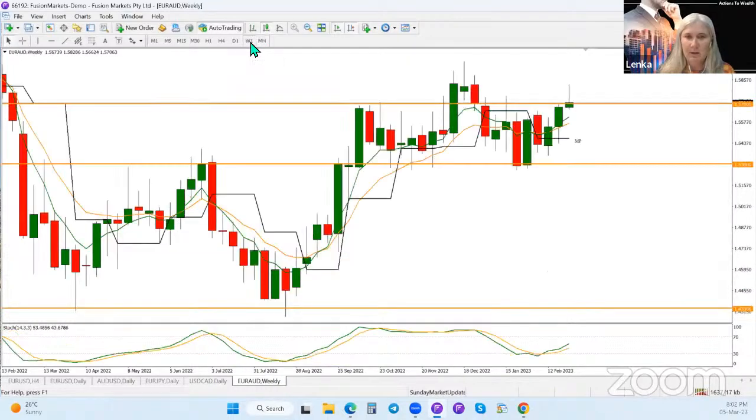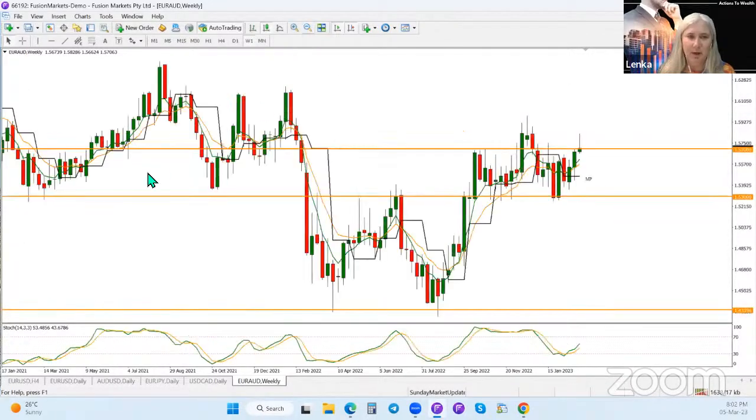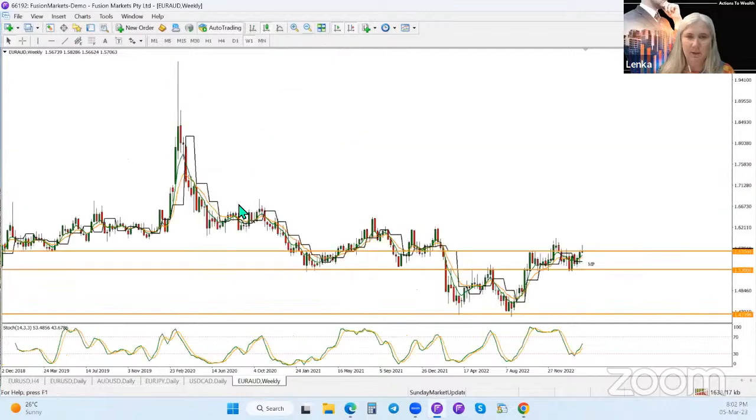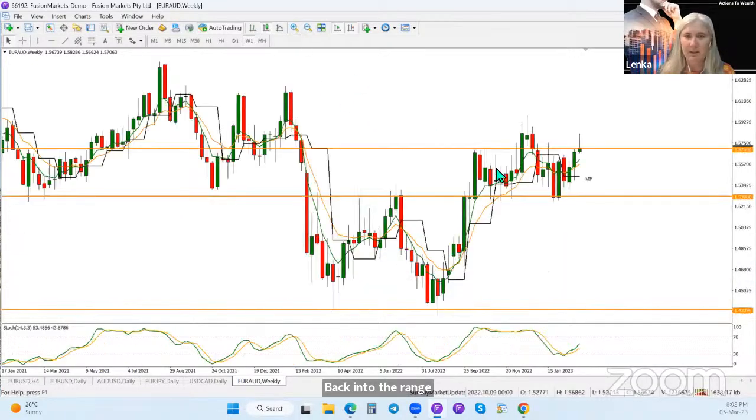When I go down to the weekly time frame, here I can see that the price has been going within that range, a little bit above, back into the range below, and now hanging around in that range. Weekly bar is a high test bar.